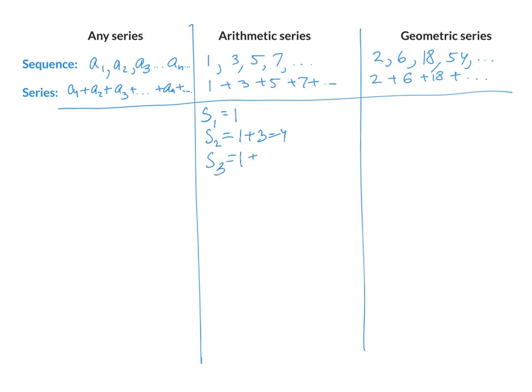S3 will be 1 plus 3 plus 5, which is 9, etc. So Sn, maybe I should write it down here in general. Sn is the sum of the first n terms, a first, a second, all the way until an.